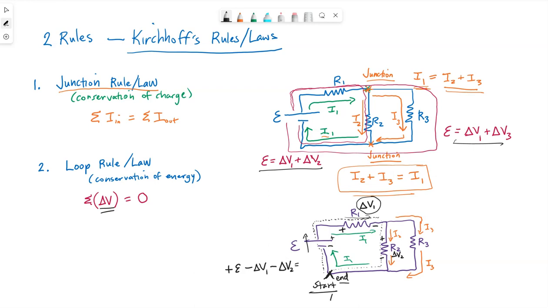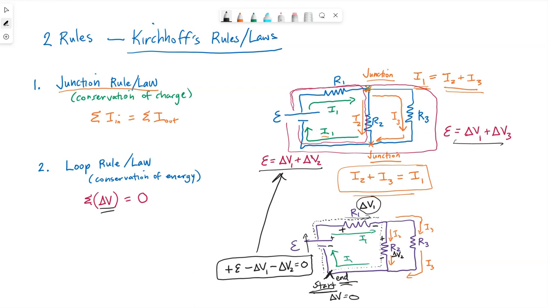The delta V between start and end is 0 because I'm getting back to the exact same potential. So I set this equation, finish the equation, I should say, and set these voltages, the gain in the battery and then the drops from the resistors, equal to 0, which gives us that first equation when we talked about the battery puts in the EMF, the elements we pass by will then use a portion or have a portion of that EMF.